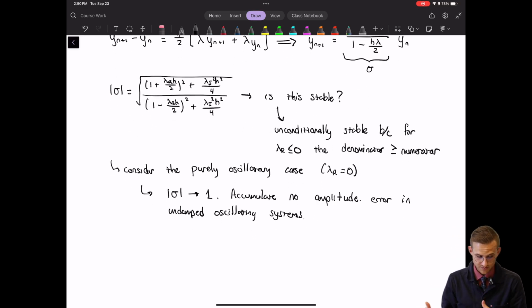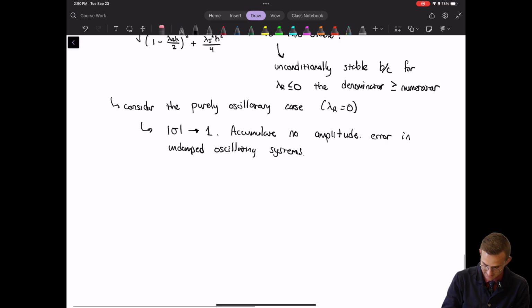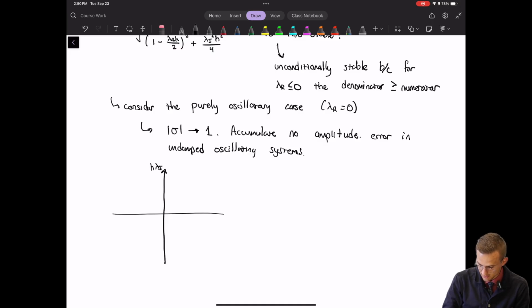Whereas with the trapezoidal rule, you actually have no amplitude error in undamped oscillating systems, and that's a good reason to use this method for physical systems where you expect there to be undamped or at least oscillations with very little damping.